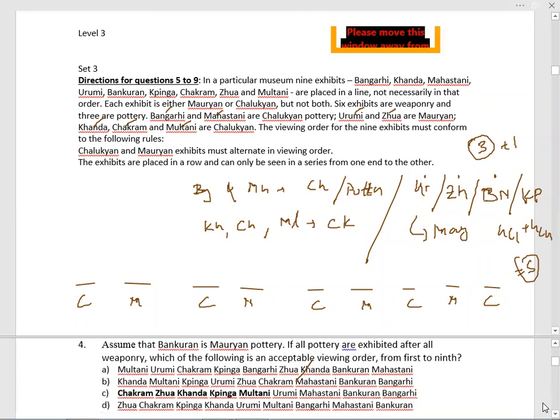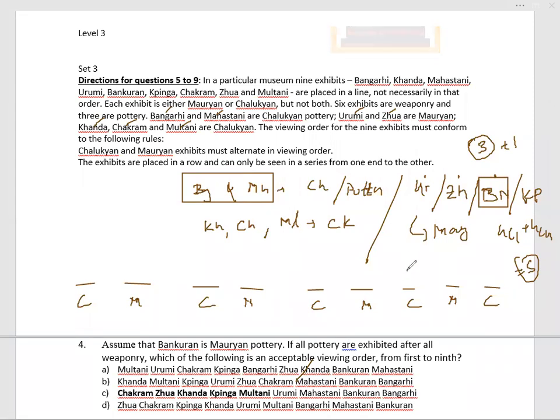Assume that Bankuram is Mauryan pottery. So already 2 potteries we had. This is the third pottery. All pottery exhibited after all weaponry. Then which of the following is an acceptable viewing order? So obviously this is BG, this is BN, and this is MH.